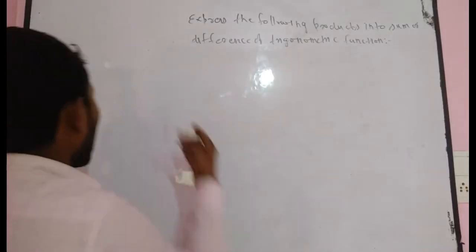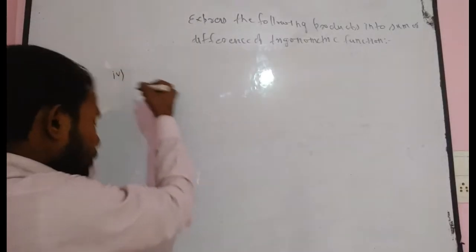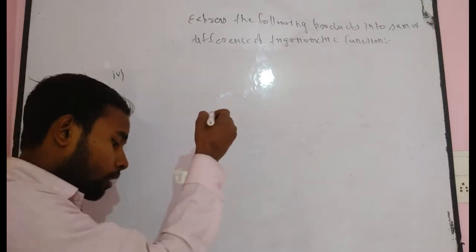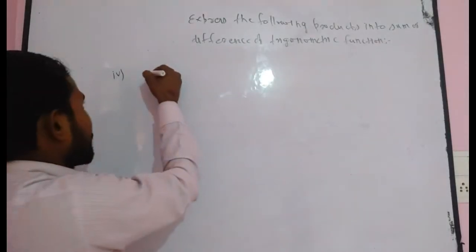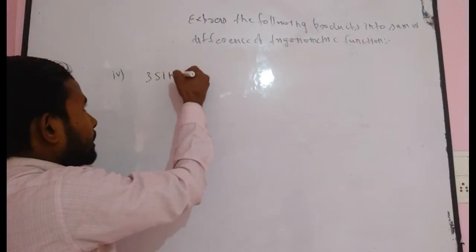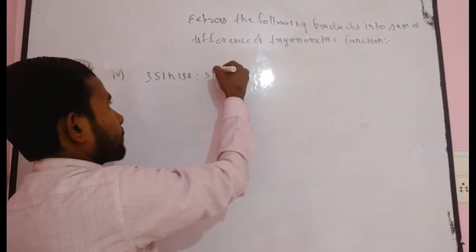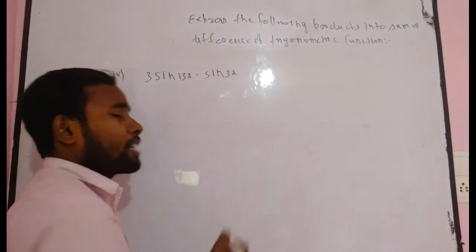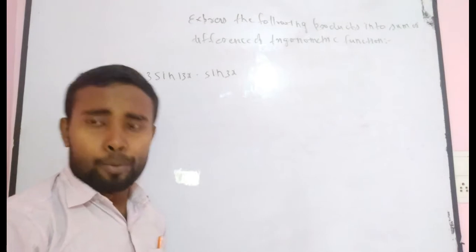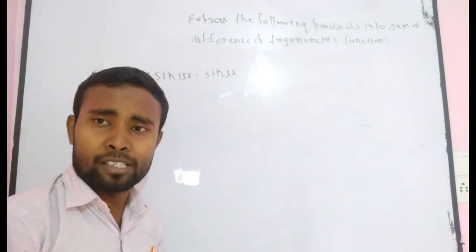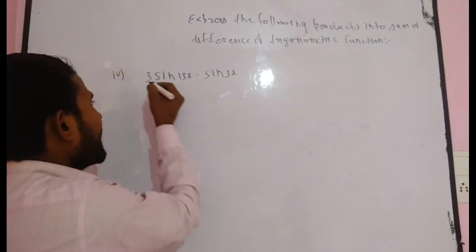Problem 4. In this question, it is given that you have to convert 3 sin 13x into sin 3x. How can you convert this product of two trigonometric functions into a sum or difference of two trigonometric functions? This is very simple. Here 3 is given.